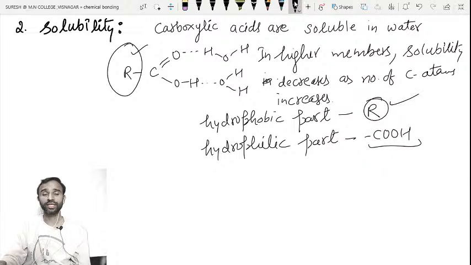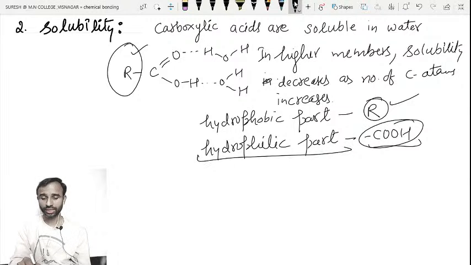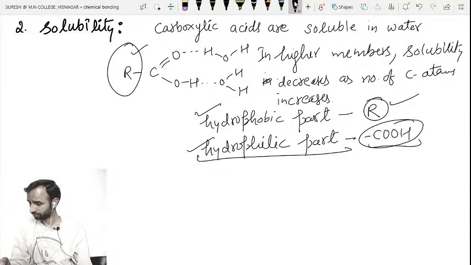So as R increases, the effect of COOH decreases, so solubility decreases. The hydrophilic part increases the solubility and the hydrophobic part decreases the solubility. Okay, so this is about solubility.